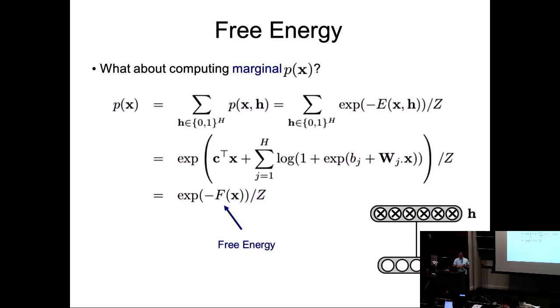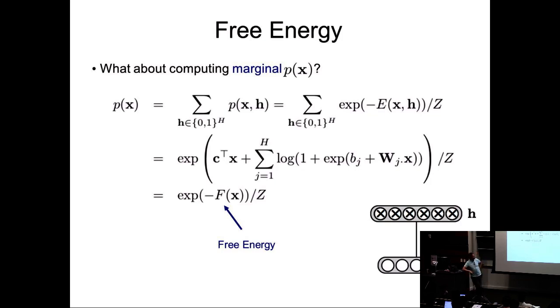The first sum is over all hidden states that take value 0 or 1, and there are H of them. H typically would be a large number, like 100 or 500. Sometimes people build models with like 2,000 hidden variables. So there are 2 to the 1,000 possible configurations, and obviously that space is exponential. But it turns out there is a trick to do it.